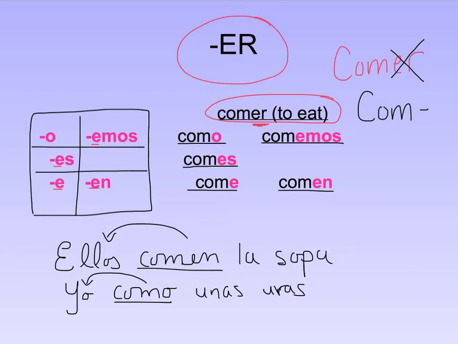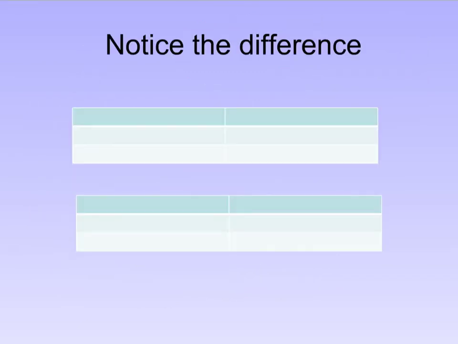On this slide, you definitely need to have written down the correct endings, and you need to give yourself an example. If you think about AR verbs, we have o, as, a, amos, an.